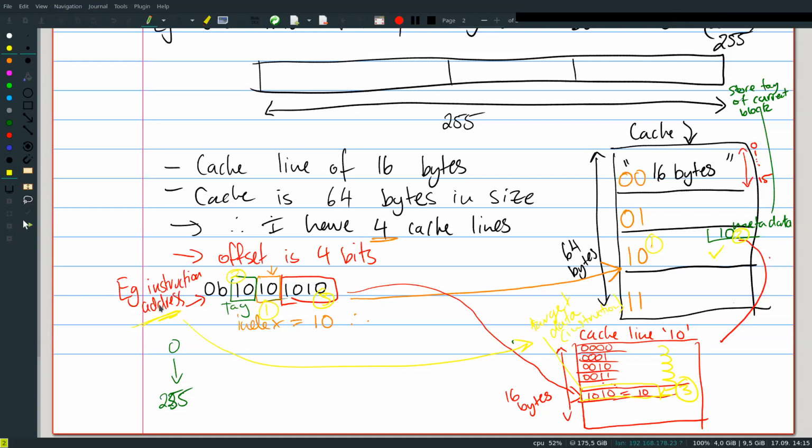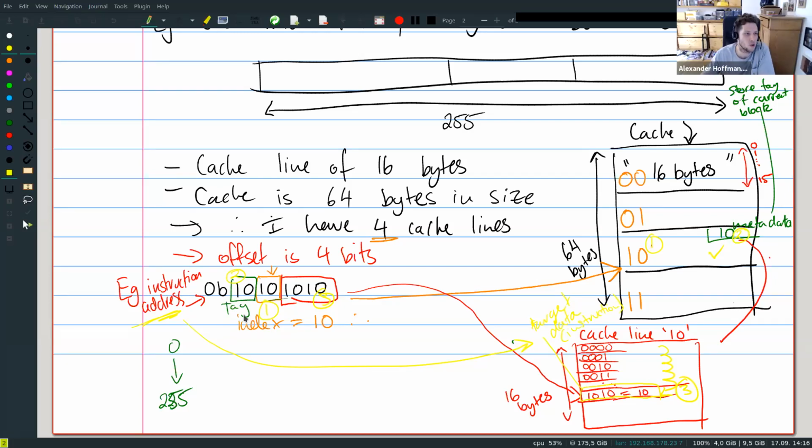Okay. So after we go to that area, then we check whether it is the actual byte that we're looking for with the tag. So we compare it with the tag, correct? But you do the tag comparison before you use the offset. So firstly, you get the index and you go to the cache line, like here on the right, and the metadata of the block that's currently in the cache line will be saved up here.